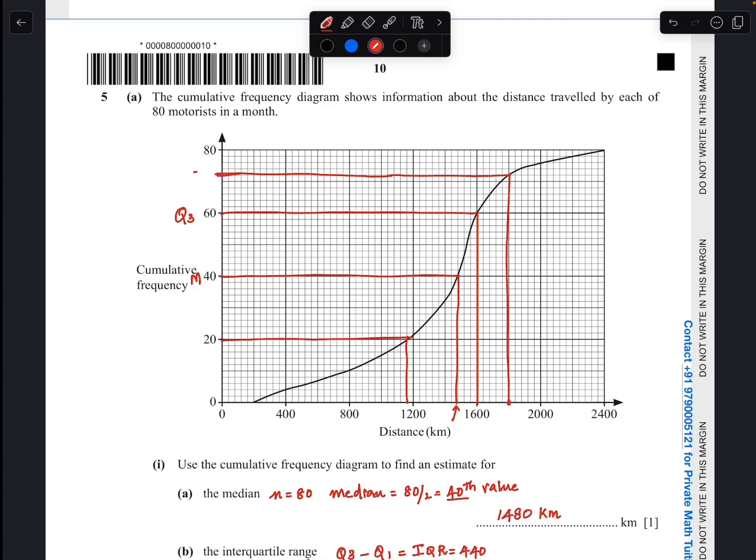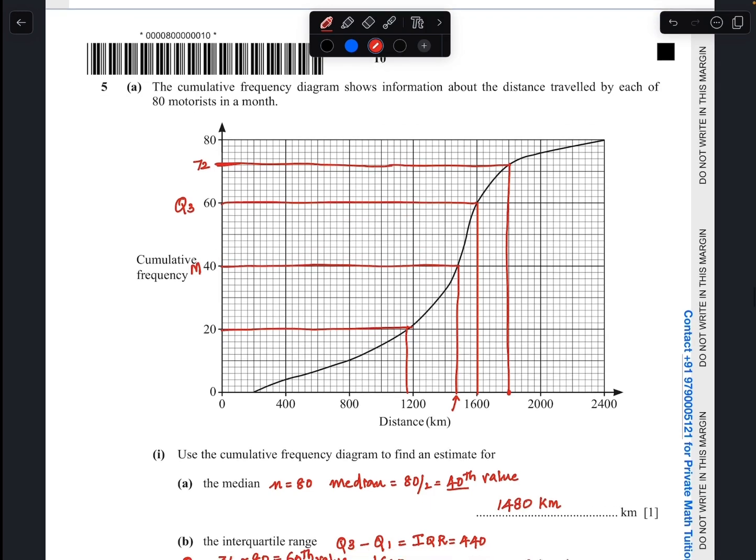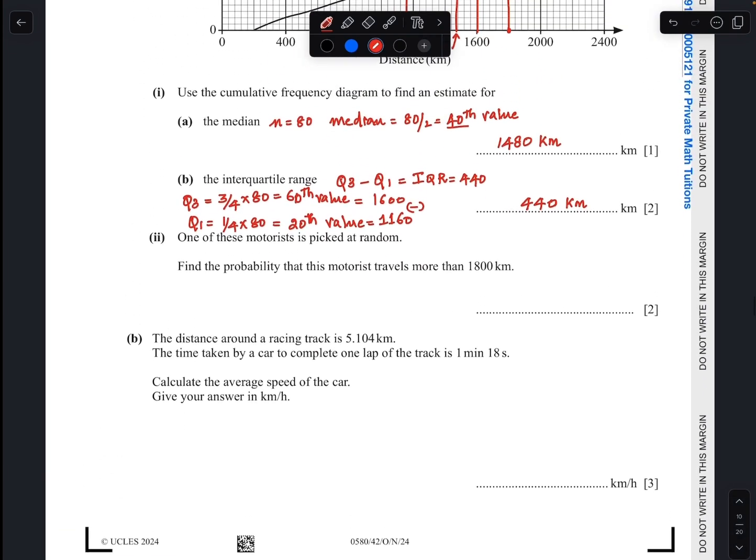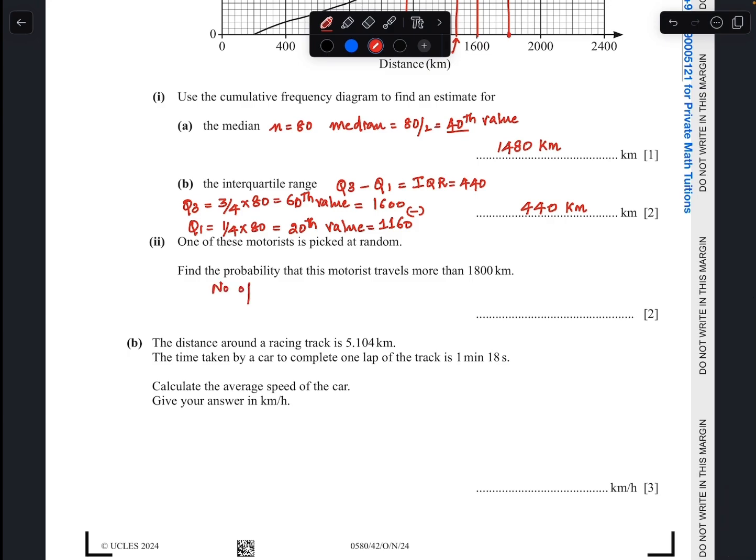So this point is 72, 72, 74, 76, 78, 80. This is 72, which means what? Above this 1800 mark, there are 80 minus 72 motorists, which is 8 in number.